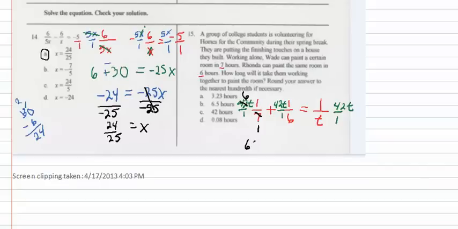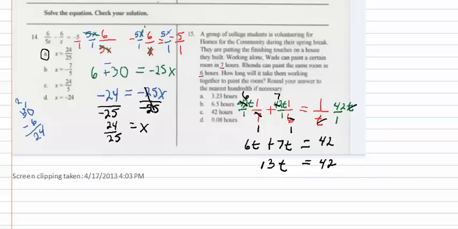So I have 6t. 6 will go into 6 once, 6 will go into 42 7 times. So we're at 7t. And then the t's cancel for 42. Now I'm going to add the t's together, so I get 13t is equal to 42.